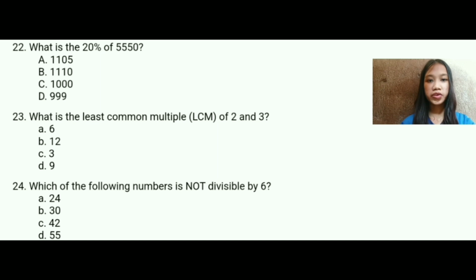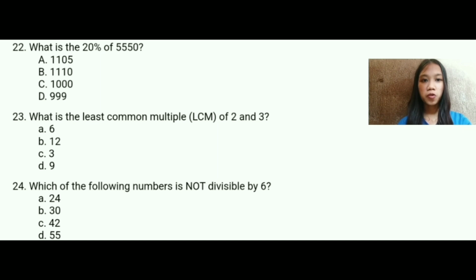Which of the following numbers is not divisible by 6? Is it letter A, 24, letter B, 30, letter C, 42, or letter D, 55? So the correct answer for question 24 is letter D, 55. Because a number is divisible by 6 if it is divisible by both 2 and 3. So for letter A, 24, it is correct because it is divisible by both 2 and 3.